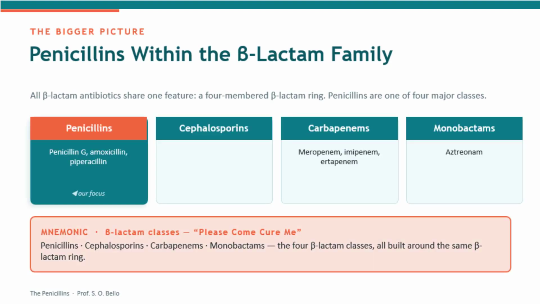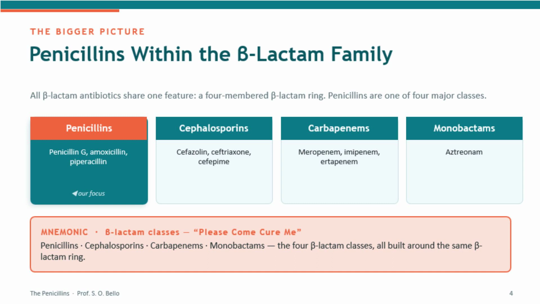Before we zoom into penicillins, let's place them on the family tree. Every drug we call a beta-lactam is defined by a single chemical feature. A 4-membered beta-lactam ring. There are 4 major beta-lactam classes: the penicillins, which are our focus today, the cephalosporins, like cefazolin and ceftriaxone.